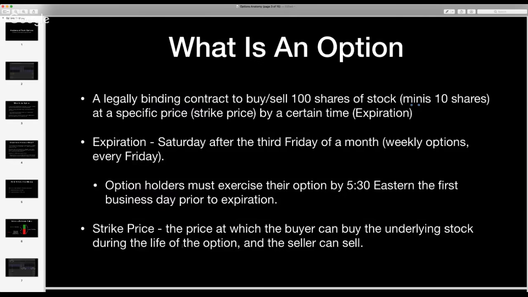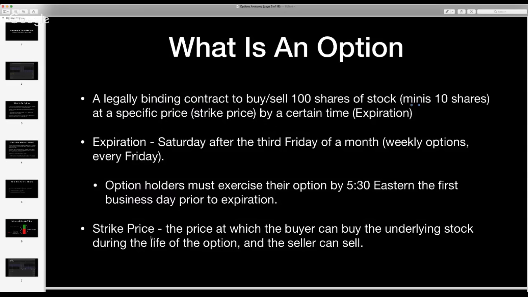The strike price, what is that strike price? The strike price is the price at which the buyer can buy the underlying stock during the life of the option or before the option has expired. And the seller can sell prior to that time. All right. So the strike price is very important to an option. That's part of the contract configuration.